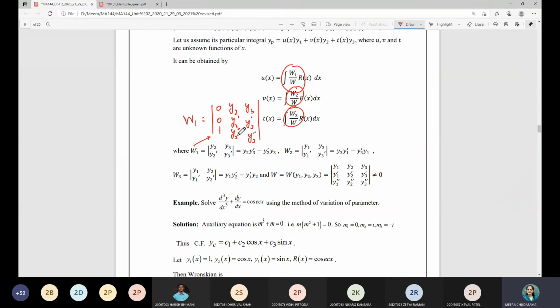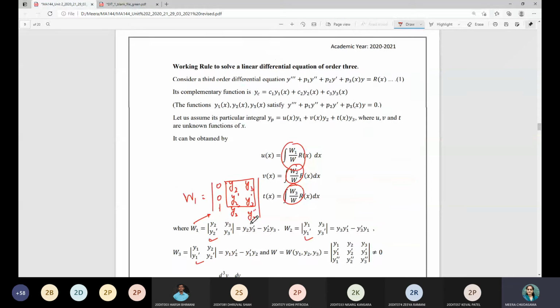So when you consider the determinant with respect to this row, it is 1 into the minor of this 2 cross 2 determinant. So W2 is this one, and W3 is this one. So they have directly substituted it, right? That is the formula regarding the third order differential equation.